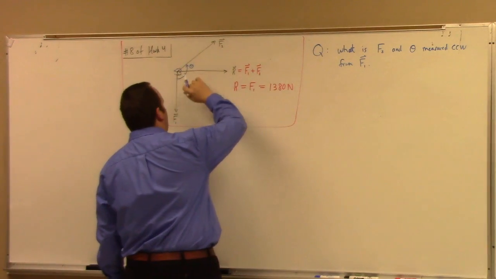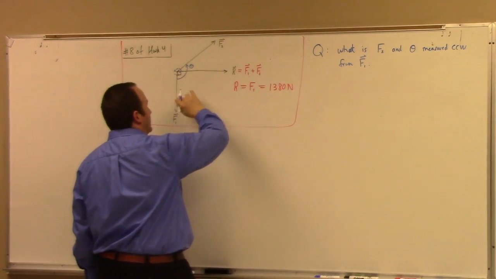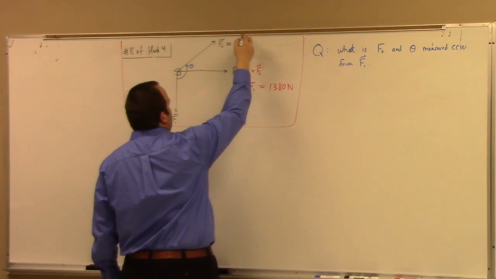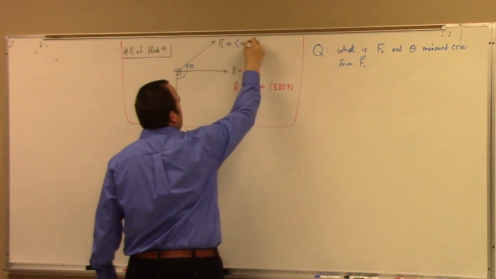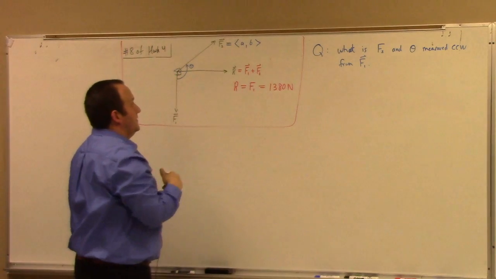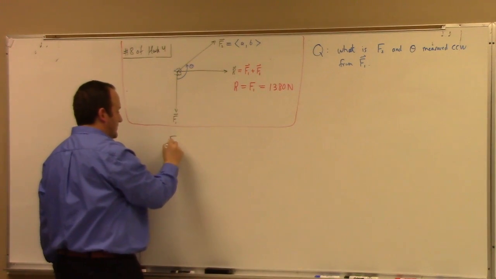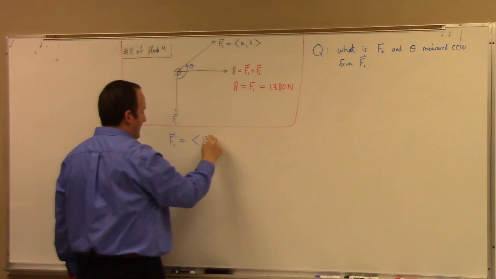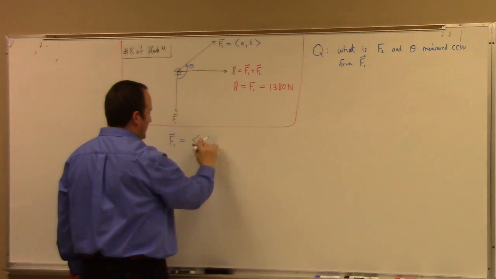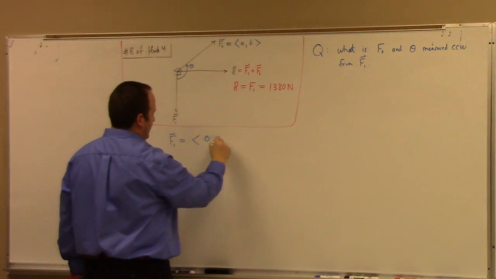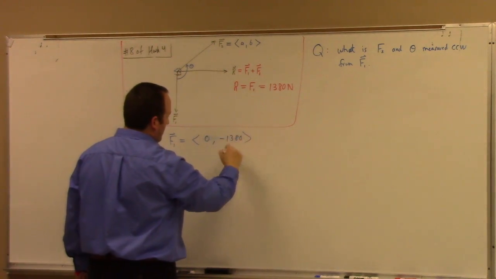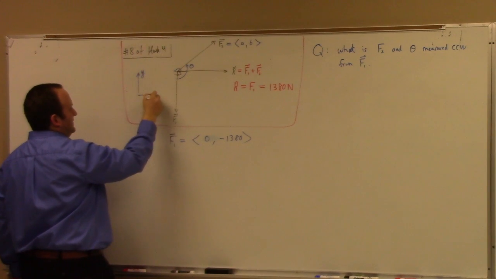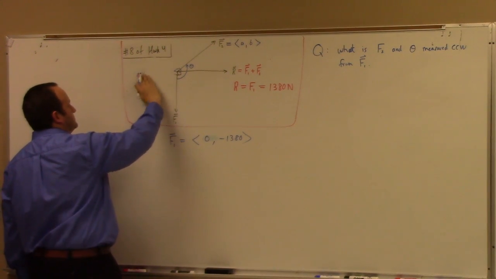I don't think I need to do trigonometry here necessarily, because if we just let F2 be two things we don't know, let's say A and B, right? So we've got F1 is equal to 0, minus 1380. Here I'm assuming the usual thing: this is the y direction, this is the x direction.